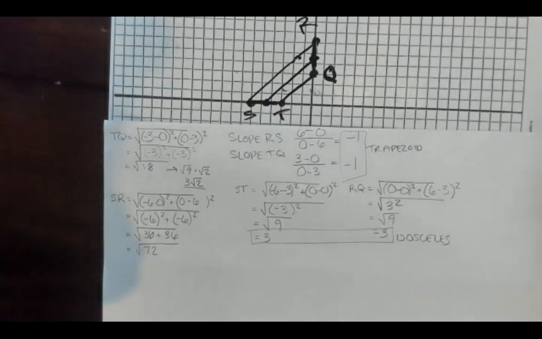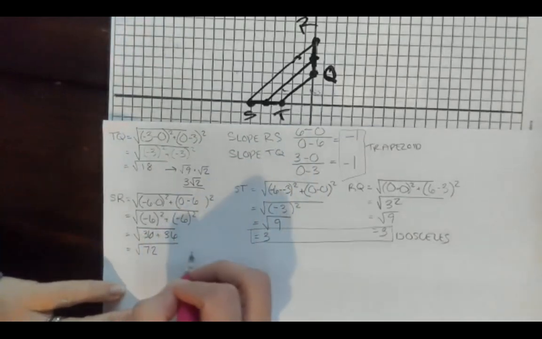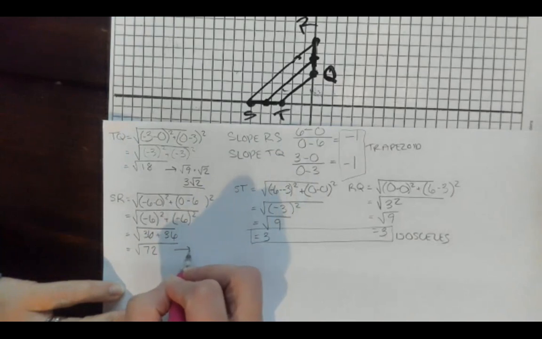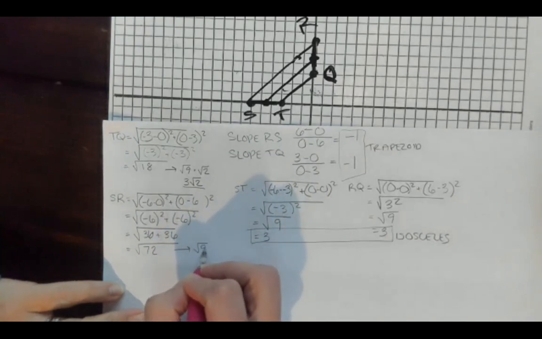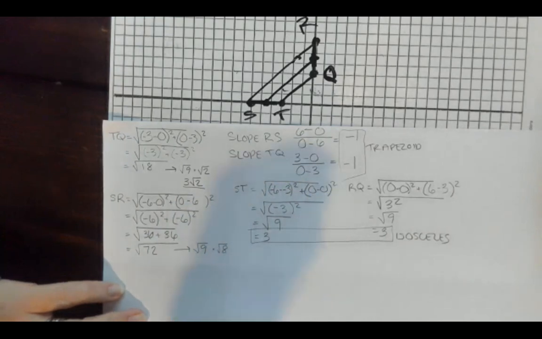So how can we reduce or simplify the square root of 72? Thoughts? What can we do? We can do a couple things. Who remembers how to do this? We could say the square root of 9 times the square root of 8, right?